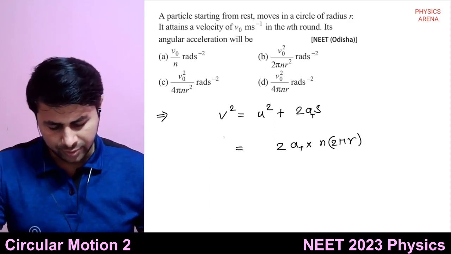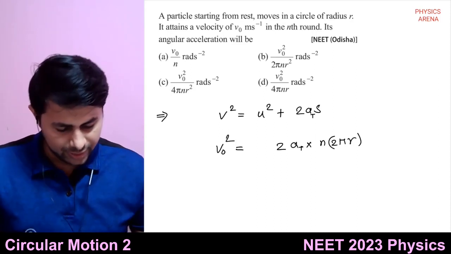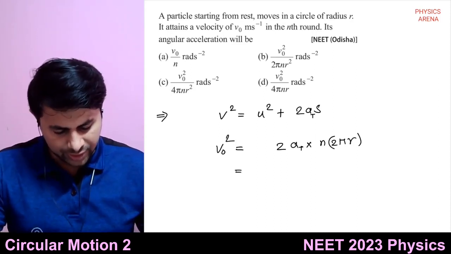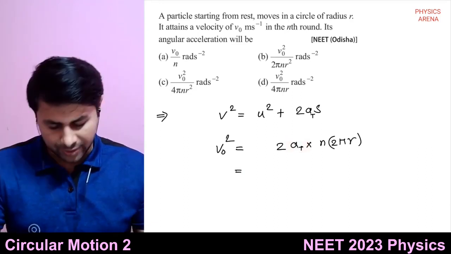So this is v0 square. Now you can write this tangential acceleration as r multiplied by alpha.